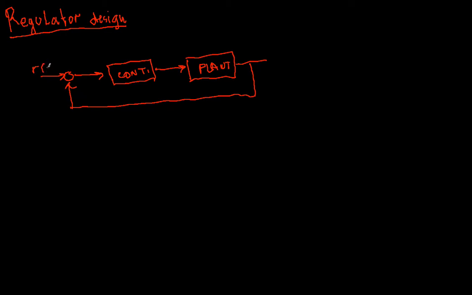So given some R of t reference signal that we compare with the measurement from the plant, the question is how do we design a regulator or controller such that the closed loop system is stable.